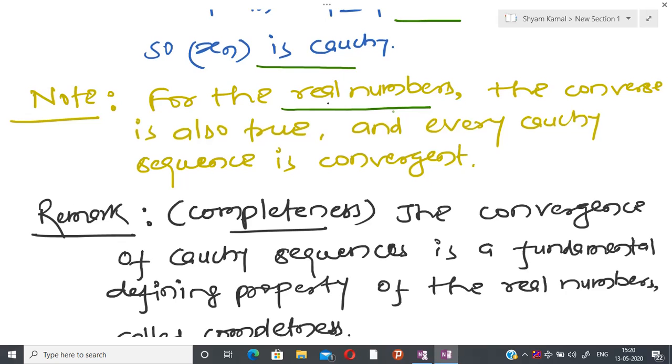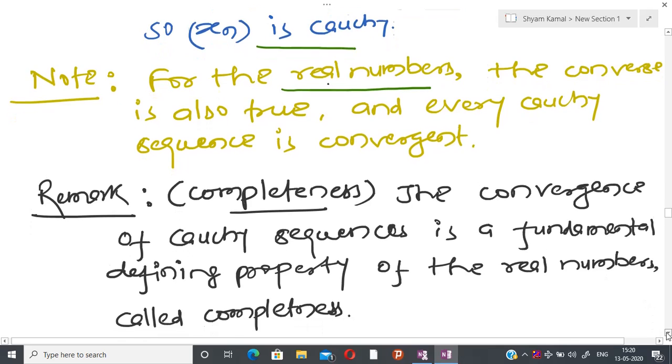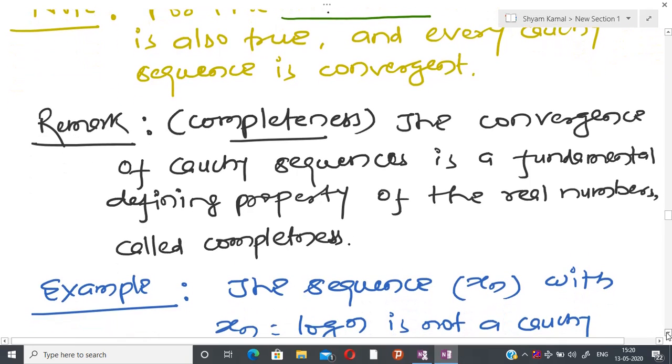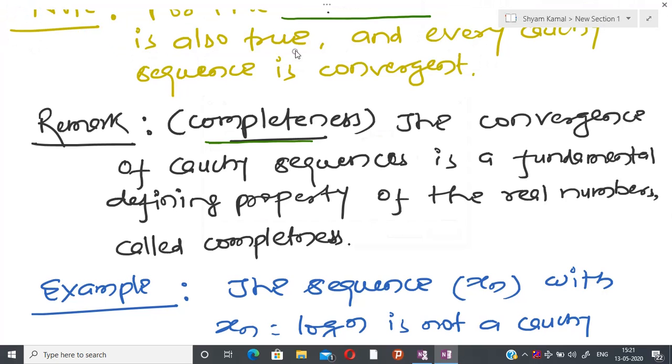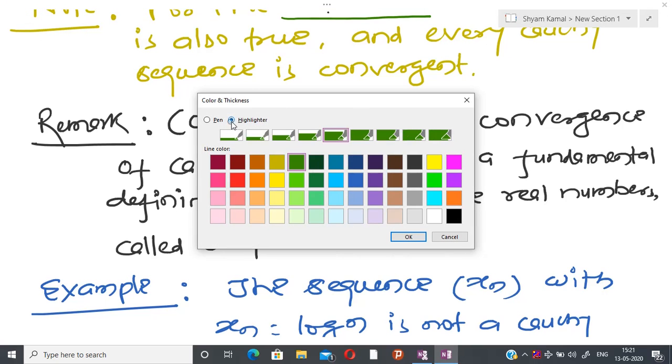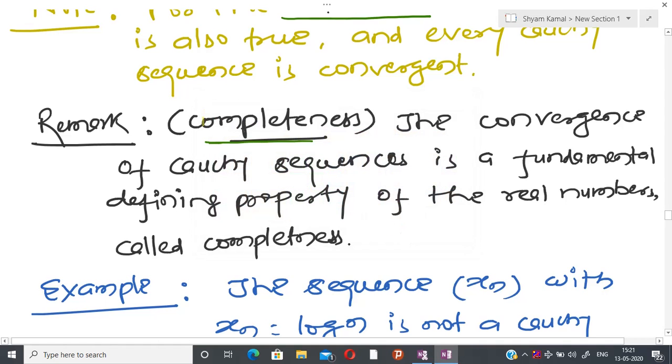Now, due to this reason, I have one next definition that is called completeness. In completeness we are saying that every Cauchy sequence is also a convergent sequence, and vice versa. We are also saying that the convergence of Cauchy sequences is a fundamental defining property of the real numbers, called completeness. So in the real numbers, every Cauchy sequence is also a convergent sequence, and every convergent sequence is also a Cauchy sequence.